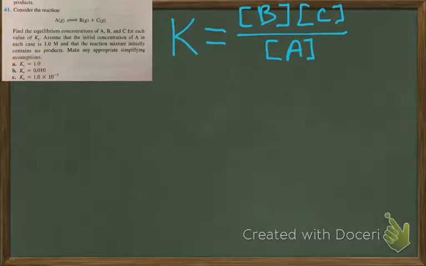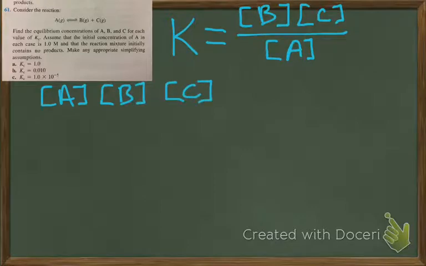So let's do a little diagram here of my concentration of A and B and C. Now, initially, what did it say my initial concentration of A was? 1 molar. What's my initial concentration of B?